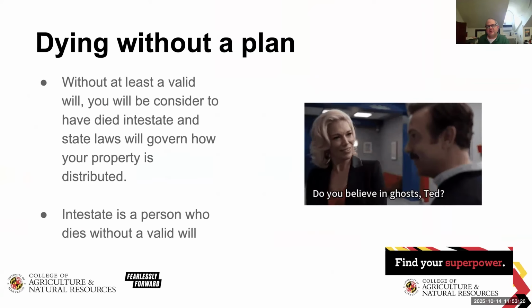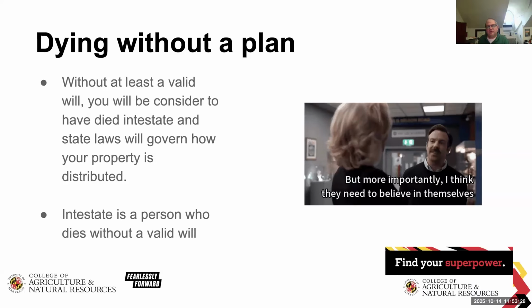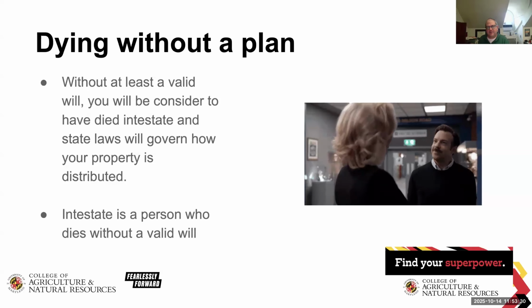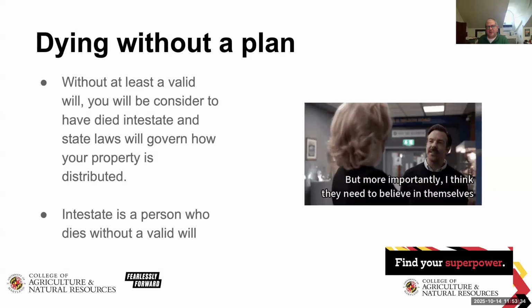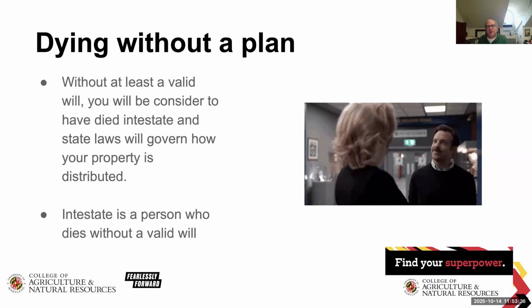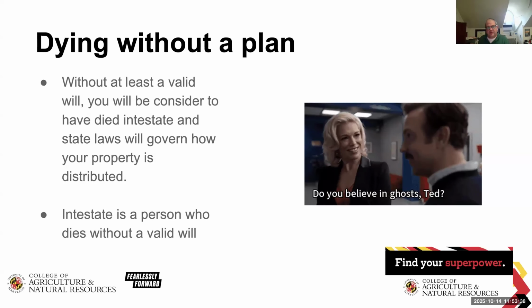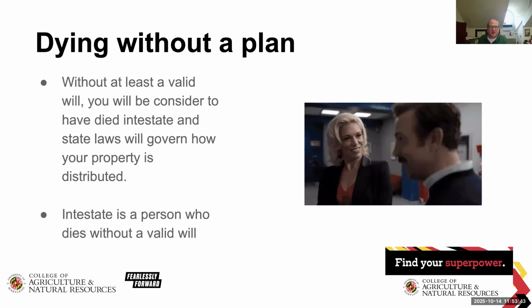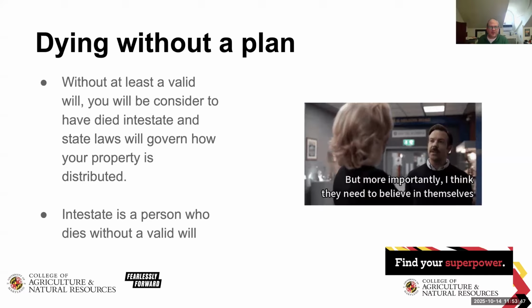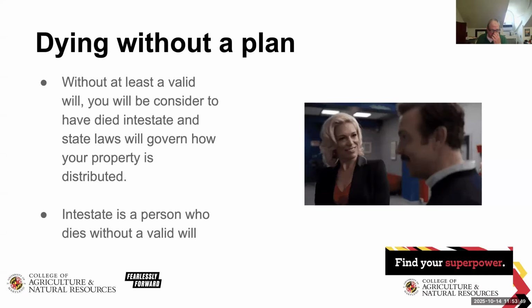But one of the things they keep pointing out in that clip is if you die without an estate plan, everything's going to go to the state. That is not true. In all states, if you die without an estate plan, you die in what is considered intestate. And your estate is governed by the state laws where your property is.